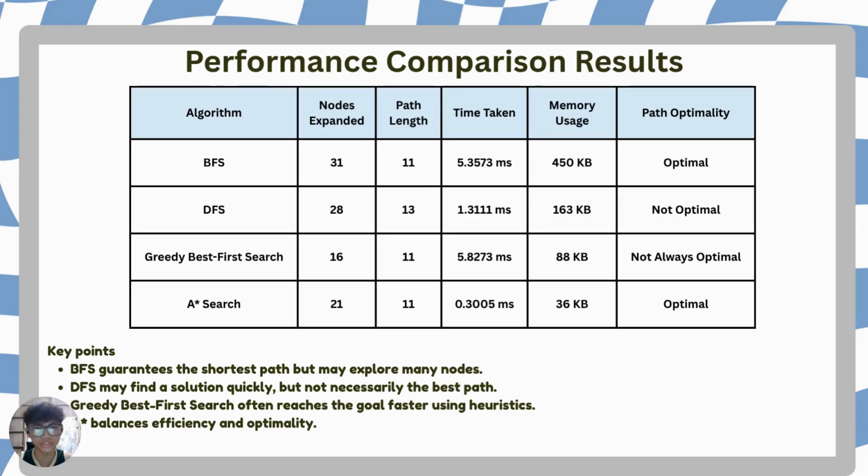Although greedy best first expands the fewest nodes, A-star is more reliable because it still produces an optimum solution. And also BFS found the shortest path, but it used more memory.